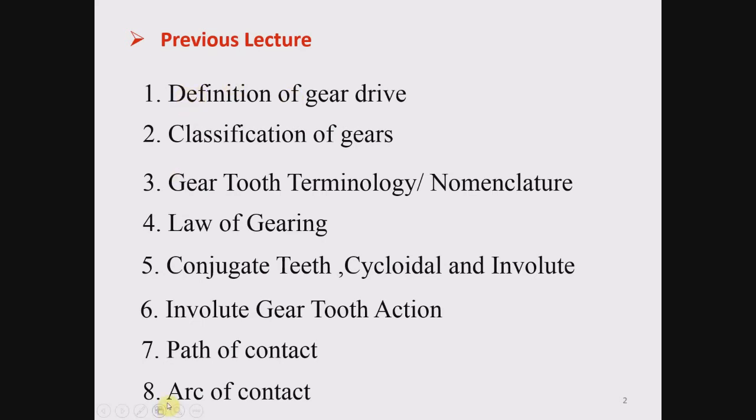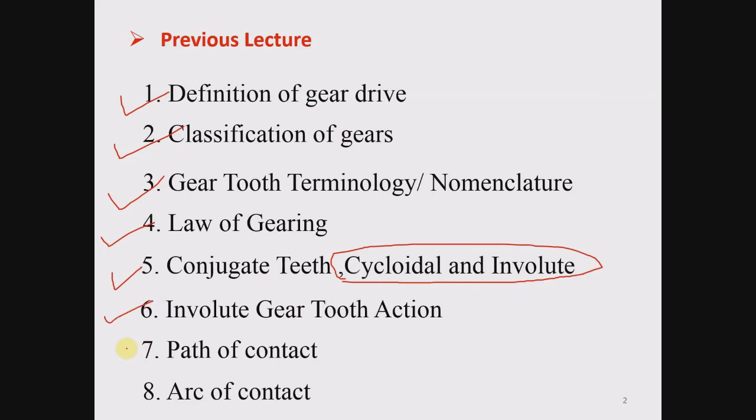Now this is what we have learned in the last 9 lectures. We have seen the definition of gear drive, classification of gears. We have studied the gear tooth terminology, the law of gearing, and two conjugate profiles, cycloidal and involute. Next, we have gone through the involute gear tooth action, and we have derived the equations for path of contact and arc of contact.